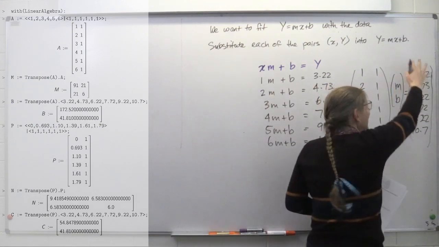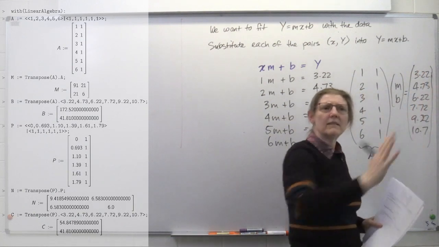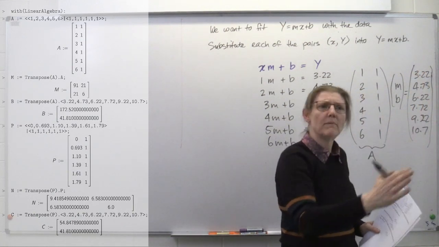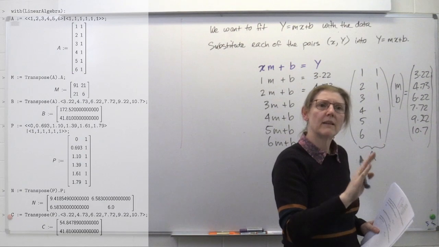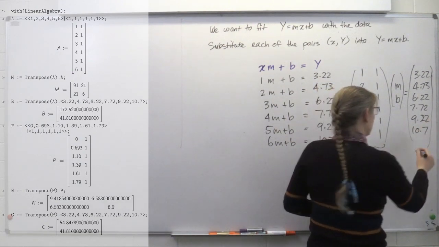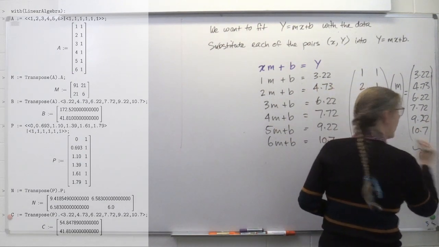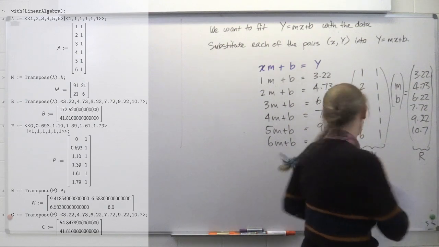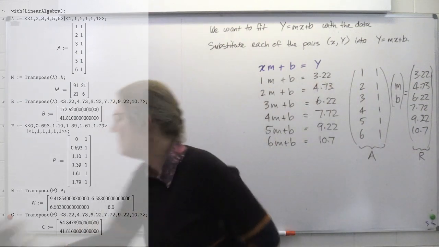I can see this matrix in the Maple code in some manipulations, but it's not there explicitly, so let's just call it R, the right-hand side.